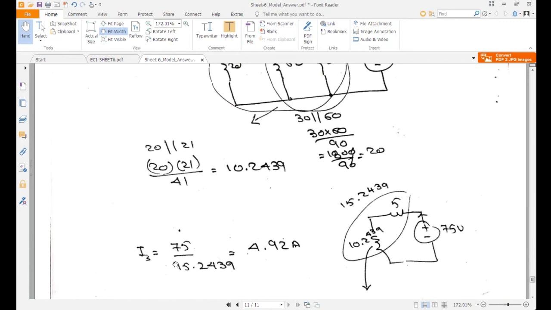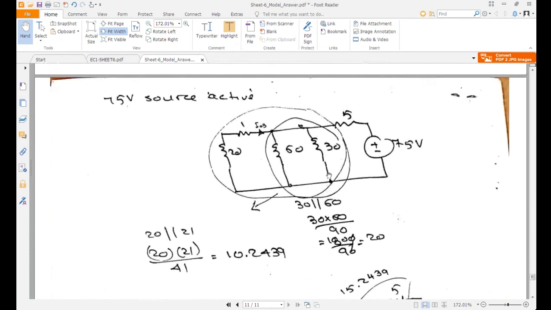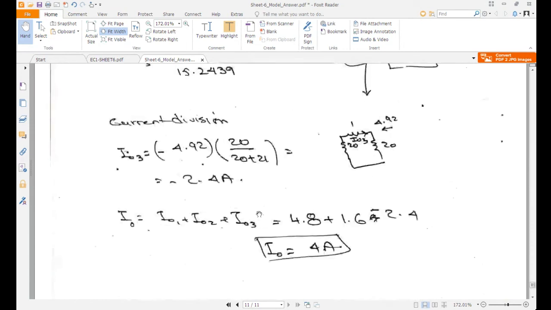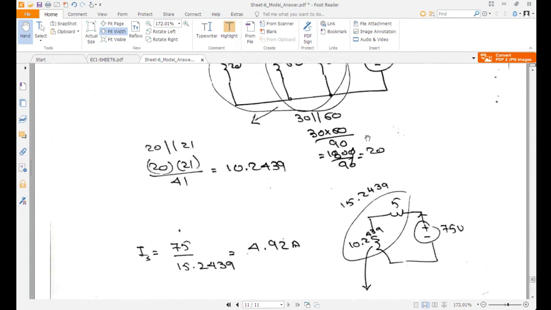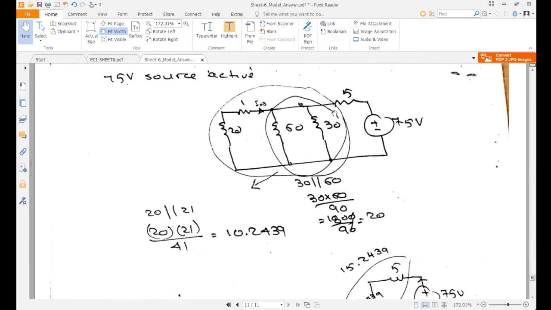So the total current will be 4.92. But you don't need the total current, we need I naught here, I3. So I3 equals this total current. The total current is being divided here and here. This we no need, 60 parallel 30, we need this.